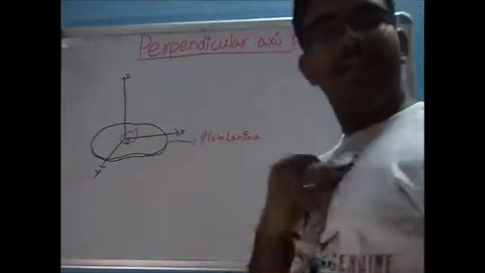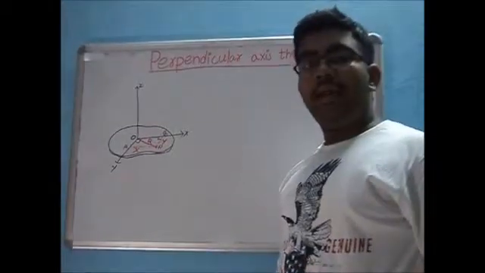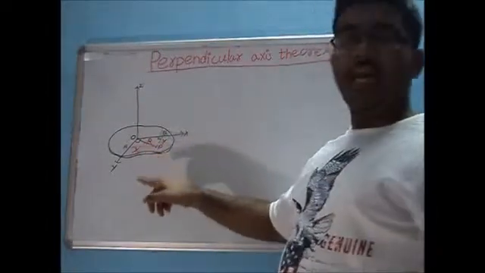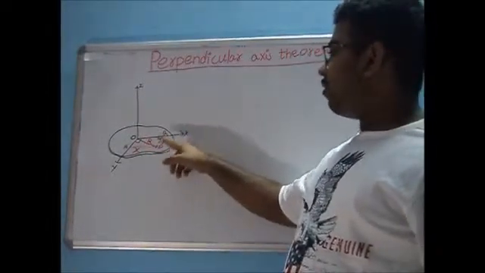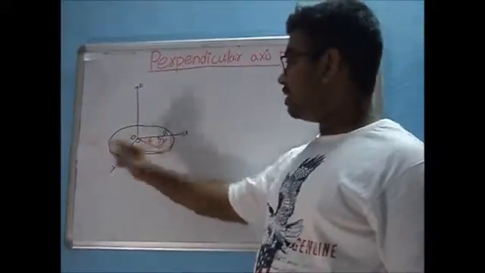So let us prove the perpendicular axis theorem. Now in the previous figure I have taken a point P which is at y distance from the x-axis and x distance from the y-axis.